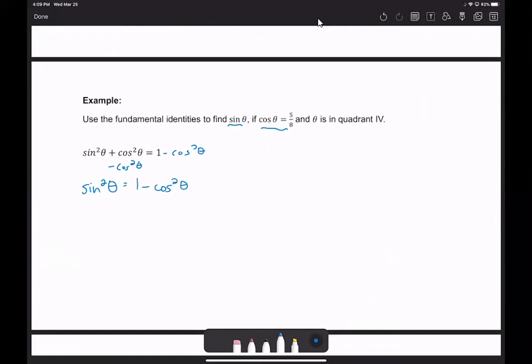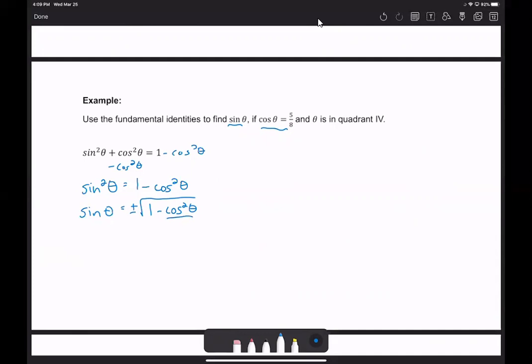And remember from algebra, to get rid of a square, since I need sine theta, not sine squared theta, I'm going to take the square root of both sides. And remember, when you take the square root, you have to put a plus or minus in front of it.